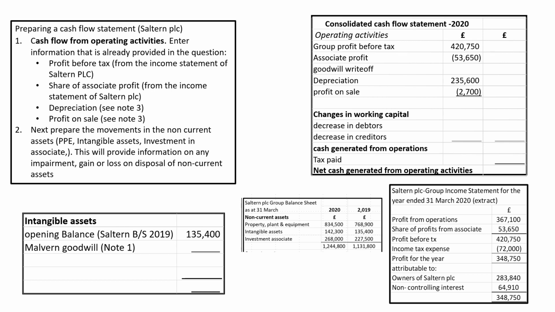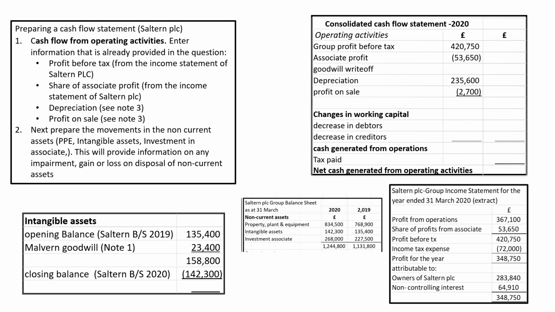Melbourne goodwill, which is again given in note 1 to the question. So that's your opening balance, the goodwill that was derived when they purchased this company, and we ended up from this total of 158,800, the closing balance, which is taken from the balance sheet given, is 142,300.